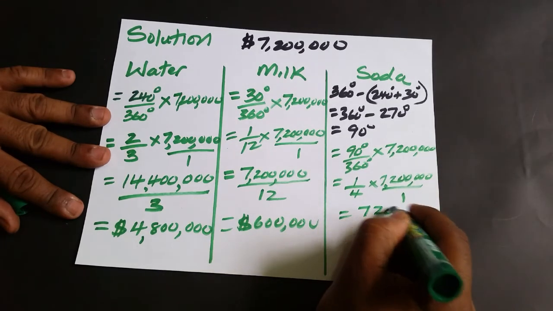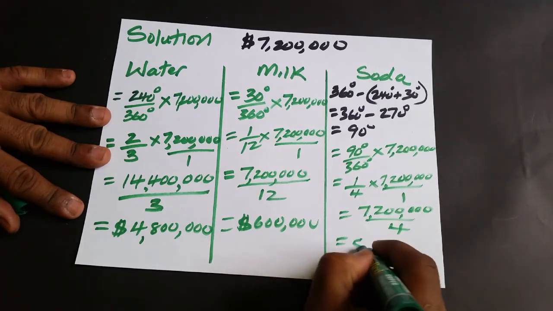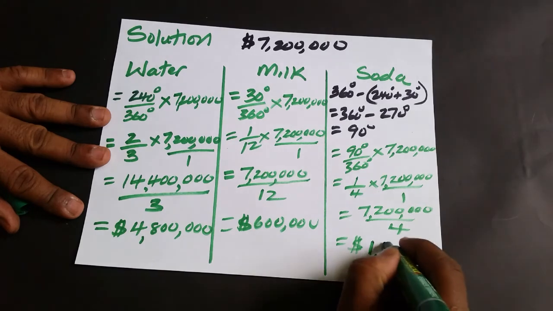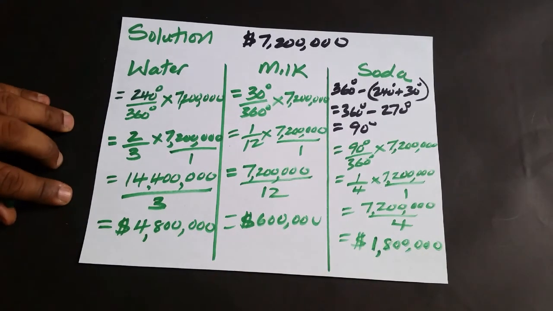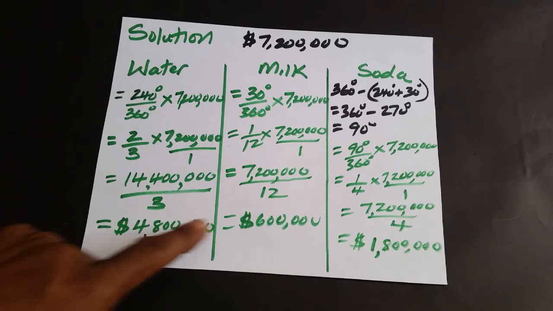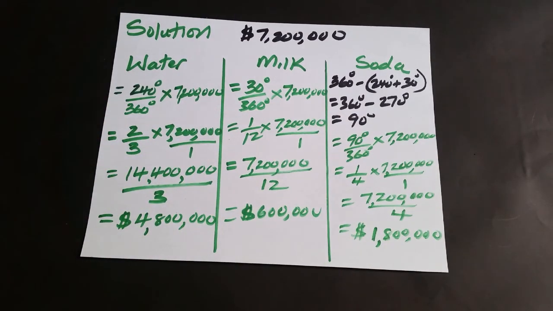So that would be 7,200,000 divided by 4 to give us 4 into 7 one times, carry 3. So that would be 1,800,000, which is what we anticipated before. So we've now found the earnings by each particular beverage. And if you add up these three figures here at the bottom, you'd realize that you end up with the 7,200,000 for short, which is 7.2 million.